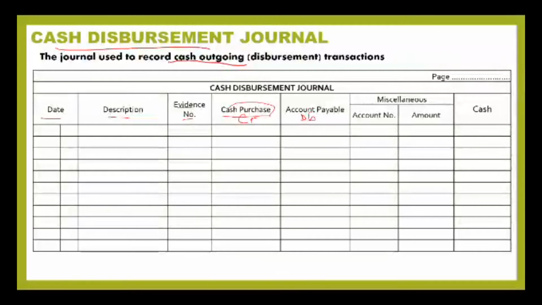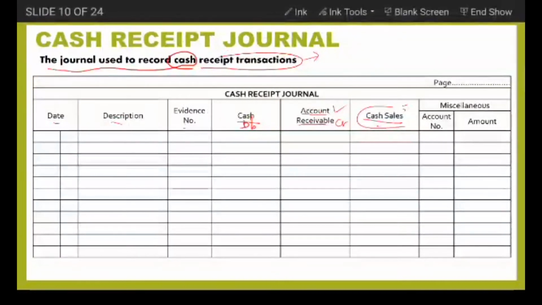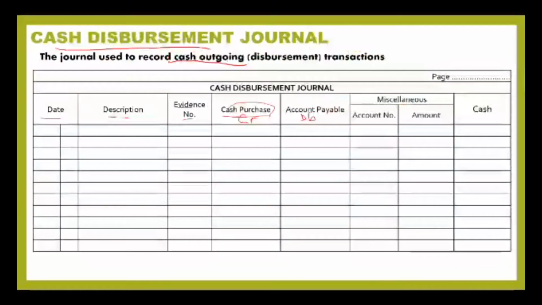Cash purchase is something like, if you want to purchase something, since the purchase journal is only for credit, in the cash disbursement journal there is a cash purchase.